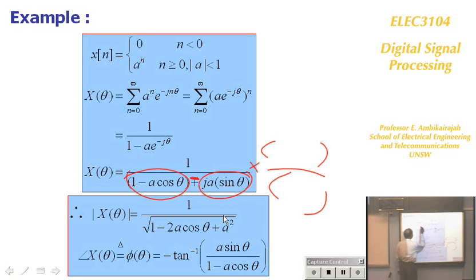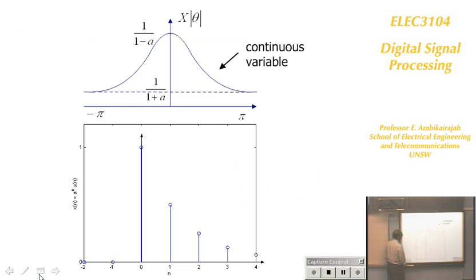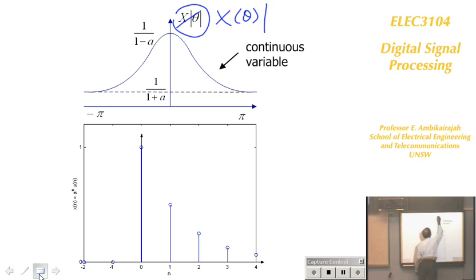So this is given xn, this is given to you, and you calculate the discrete time Fourier transform using the formula. And if you plot the graph, the modulus value, the magnitude value of X theta is 1 over 1 minus a at that point. So this is the theta axis.